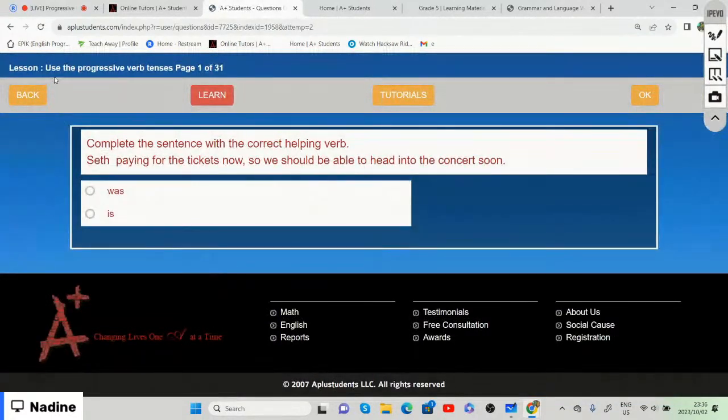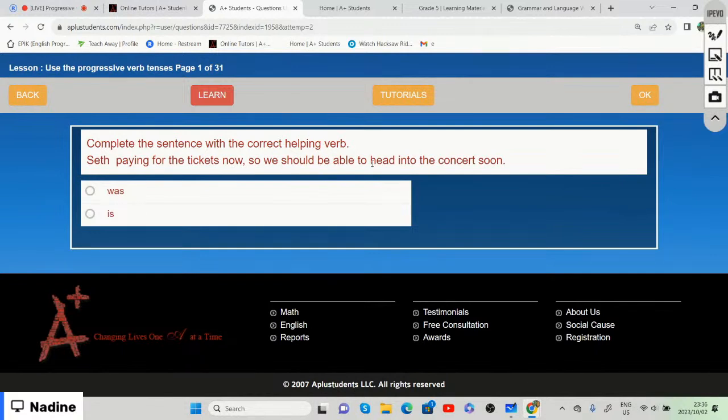And we are going to use the progressive verb tenses, right? So we need to complete the sentence with the correct helping verb. Do we say Seth was paying for the tickets now, or Seth is paying for the tickets now?